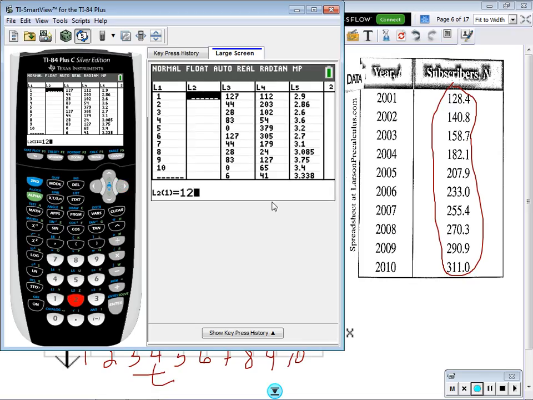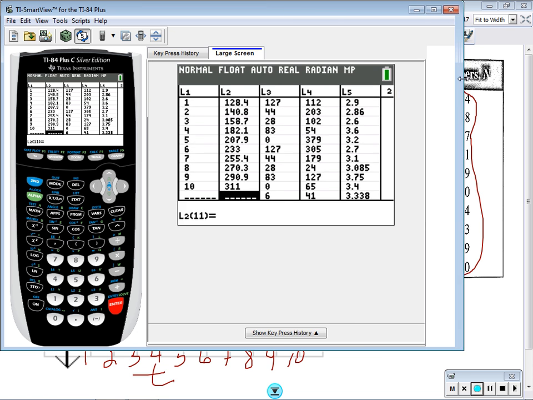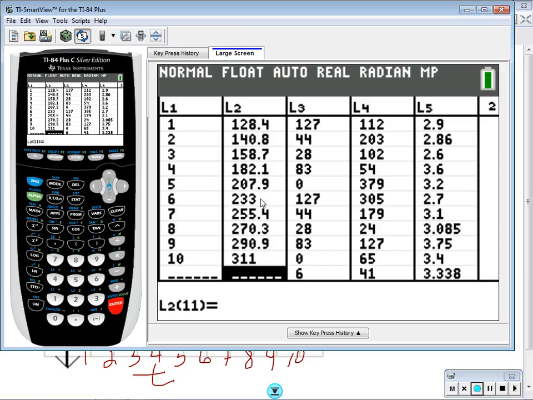So I got 128.4, 140.8, 158.7, 182.1, 207.9, 233.0, 255.4, 270.3, 290.9, and finally 311. So in order to make a scatter plot, there's a couple different things you have to do here. One is you have to put the table of values in the calculator.